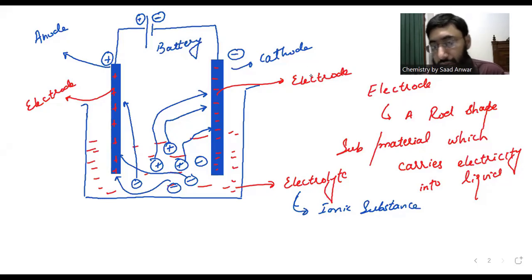Now the question is, what happens when the positive ion reaches the cathode, and what happens when the negative ion reaches the anode?